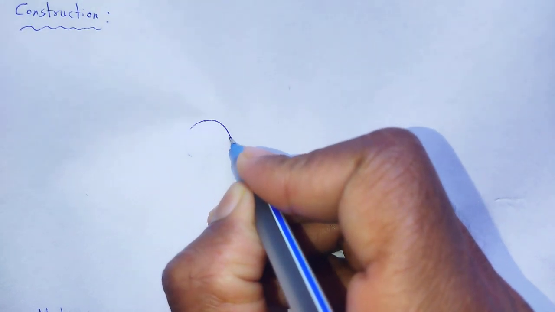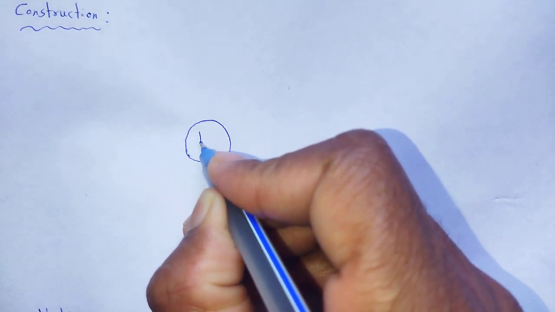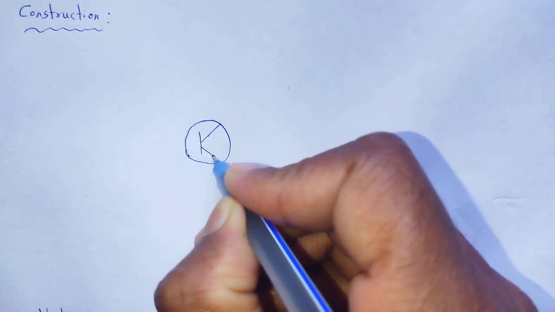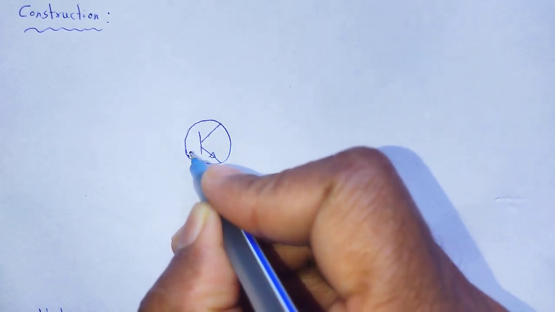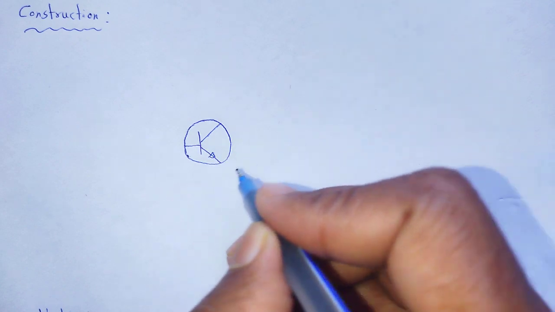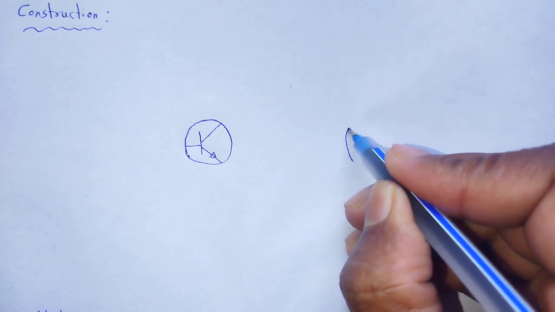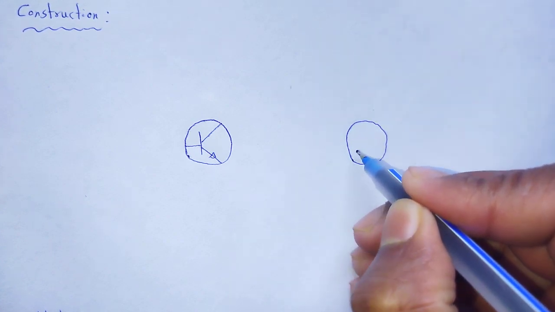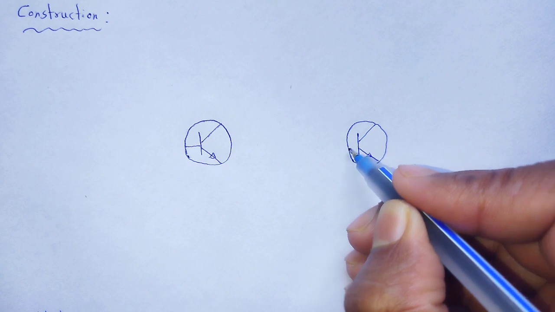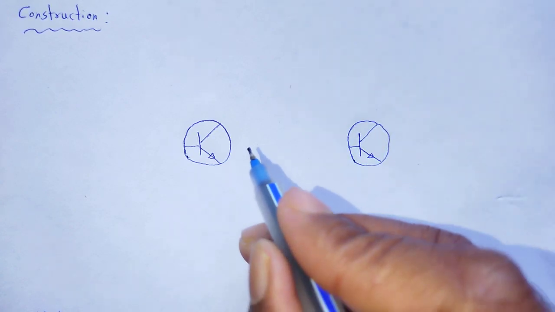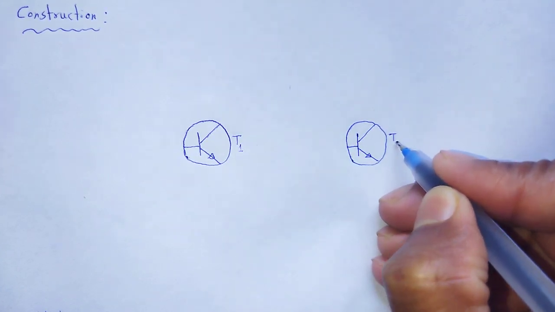Two identical NPN transistors with common emitter configuration: one NPN transistor with common emitter configuration, and again another NPN transistor with common emitter configuration, transistor 1 and transistor 2.